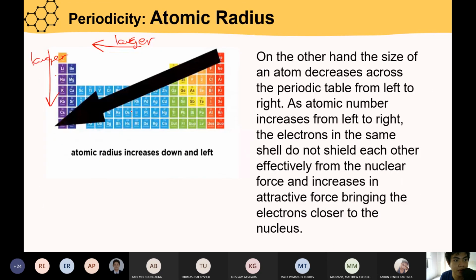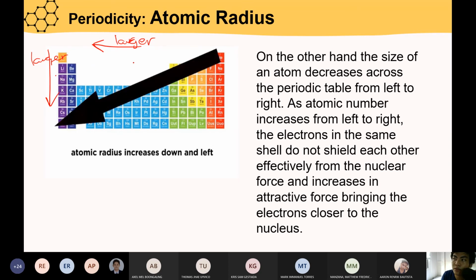Again, atomic radius: as you go down and to the left, the atomic radius increases, the atomic size increases. There are two explanations. As you go down, the orbits of the electrons increase, so that means bigger size. Going to the left, our logic is that there are fewer protons to the left than on the right, so it will not pull the orbit closer.